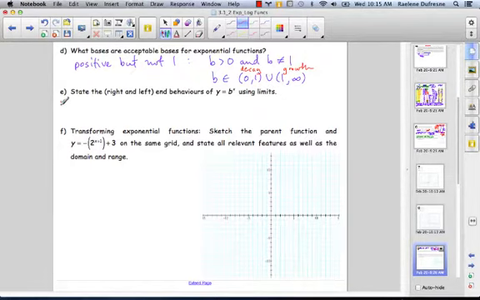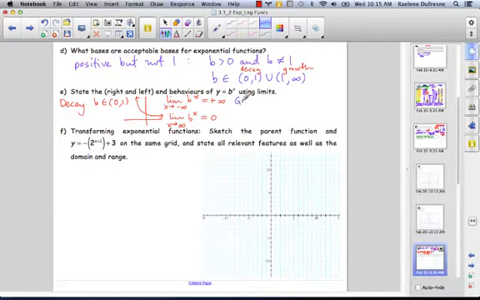So if we are looking at decay, where a base is contained from 0 to 1, we have a graph that looks like this, and we would say the limit as x approaches negative infinity on this b to the x function is positive infinity, and the limit as x approaches positive infinity on the same graph is equal to 0.